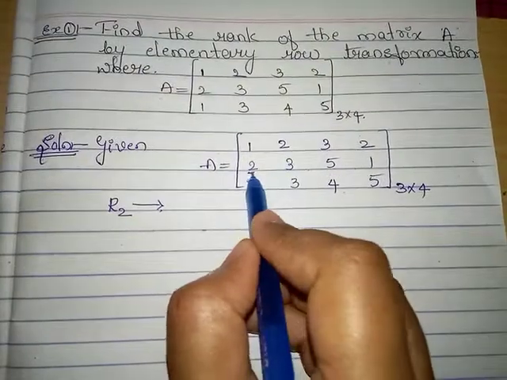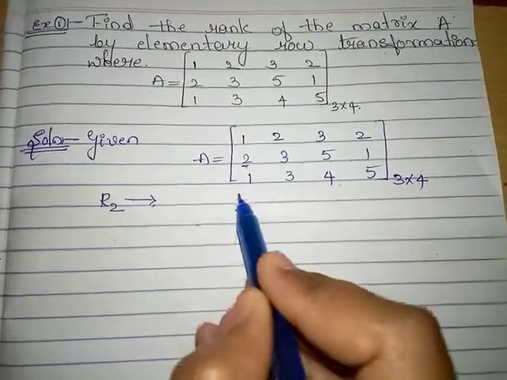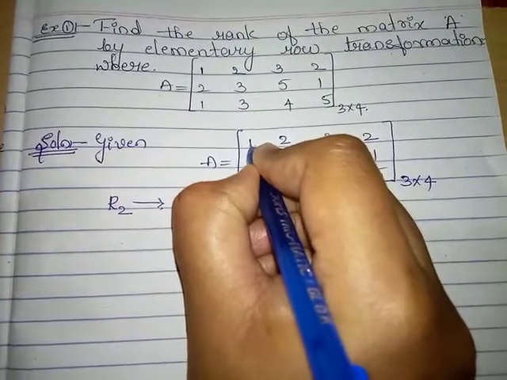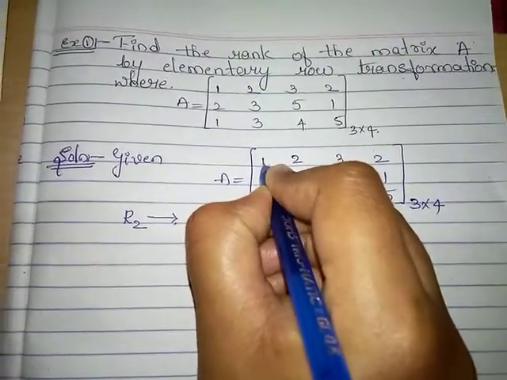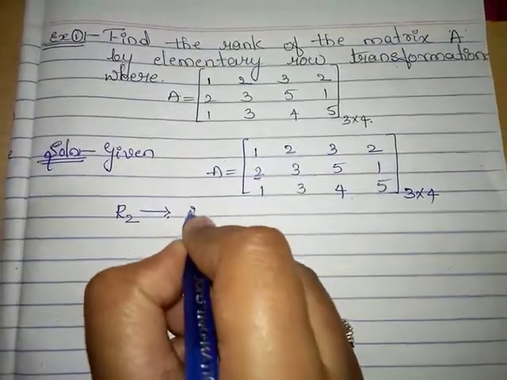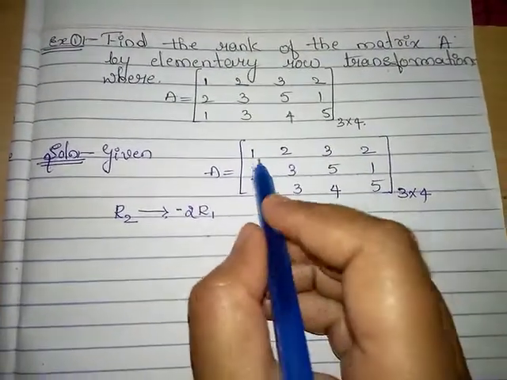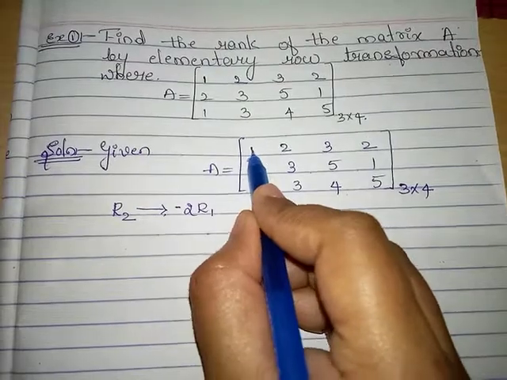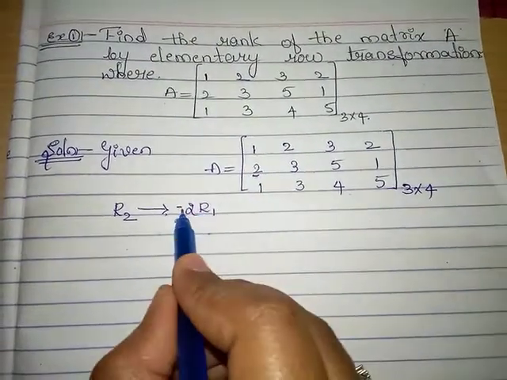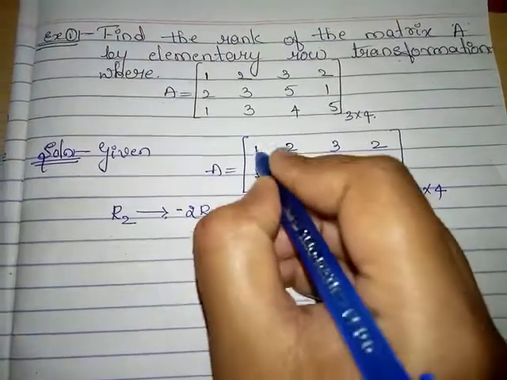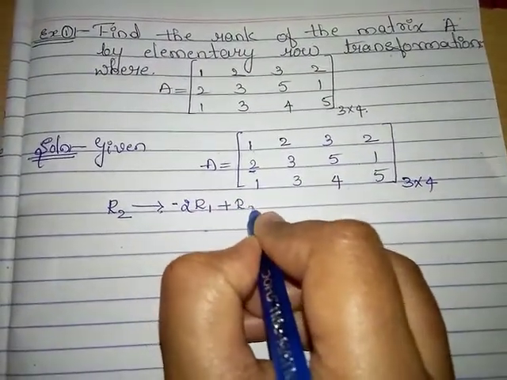R2 changes to R2 plus, here we have to make this element 0. For that I will multiply the first row by -2, that is -2 into R1, and then add that to R2.